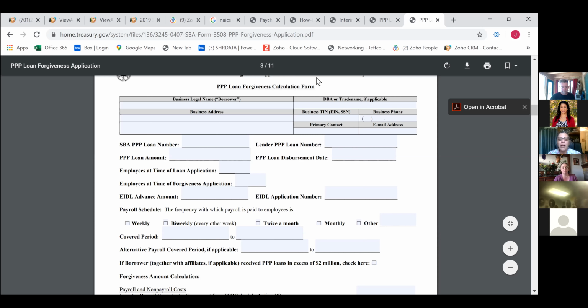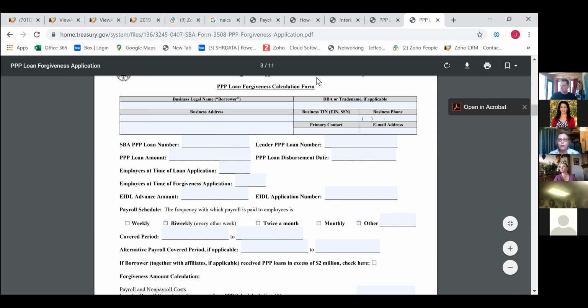The employees at the time of the loan application. So if you only had 2 employees instead of a full amount of employees, that's the number you're looking for in that line. And then the next line is, how many employees do you have now, filling this application out?